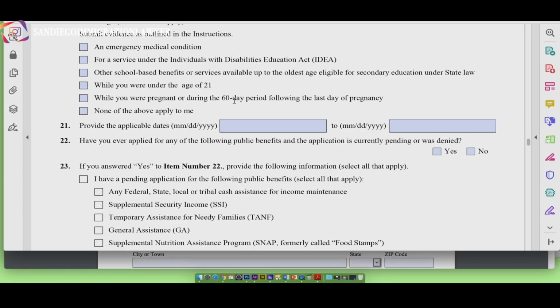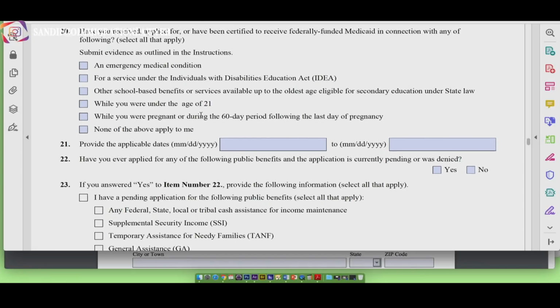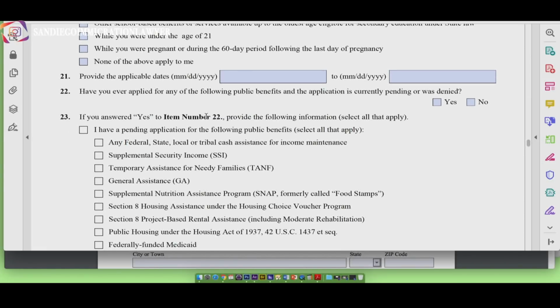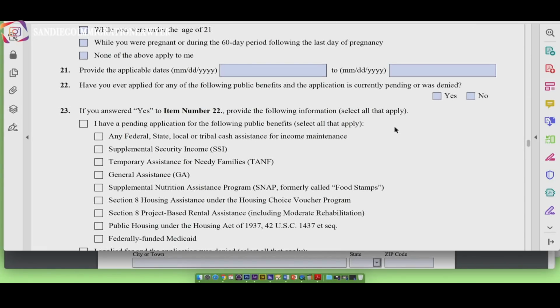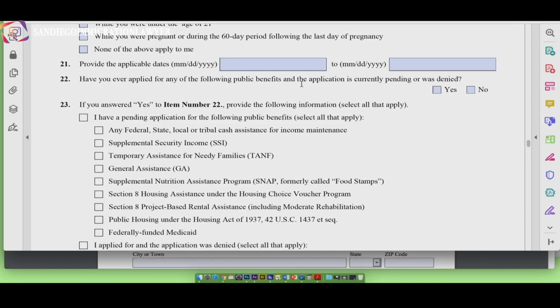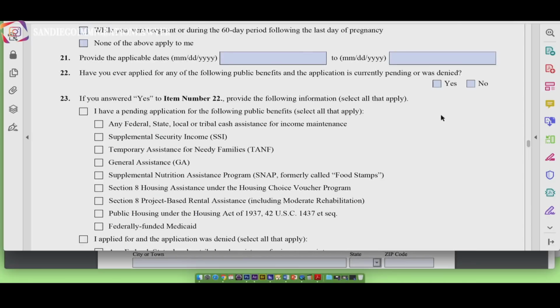If you go back and look at the instructions, it will go through some of the exemptions, and even on the form I-485, it will list some of these exemptions. And these boxes here that you may or may not check fall into that category. So they want you to provide the dates that you received it, and have you ever applied for any of the following public benefits and the application is currently pending or was denied. So you want to answer that question.